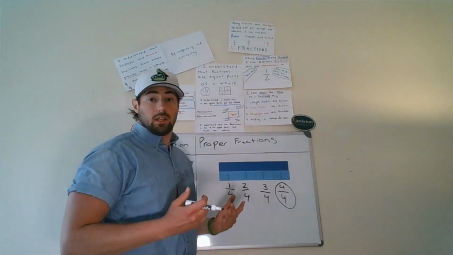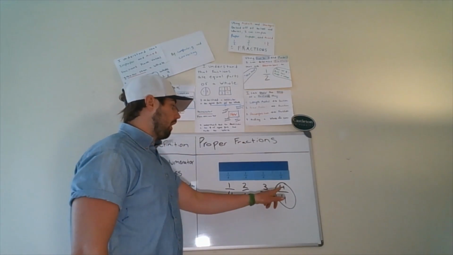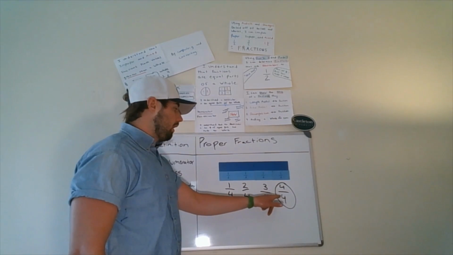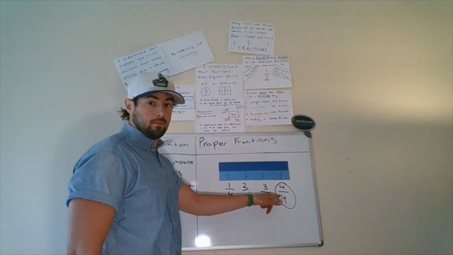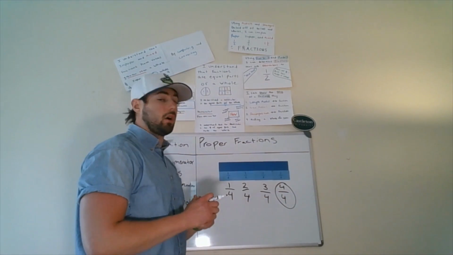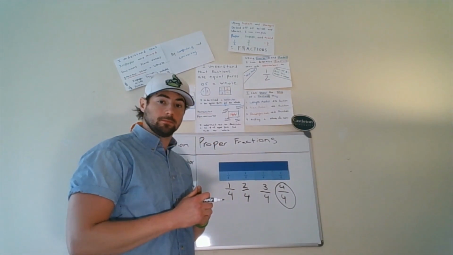And as we know, or hopefully have understood by now, when we have the number of parts the same as the number of parts to make the whole, that indeed makes a whole.